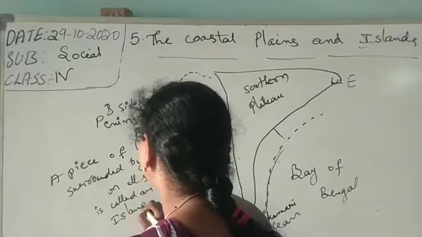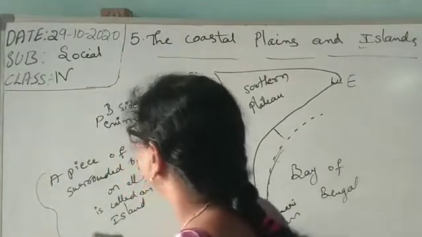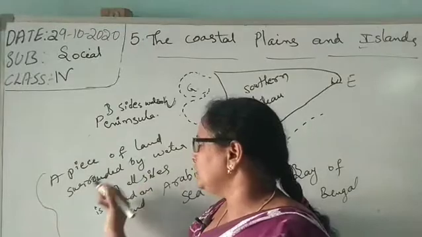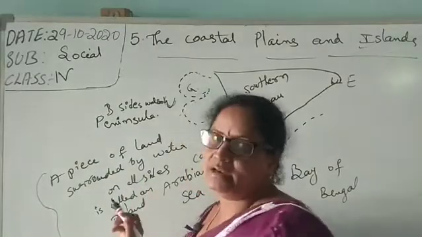A piece of land surrounded by water on all sides is called an island.